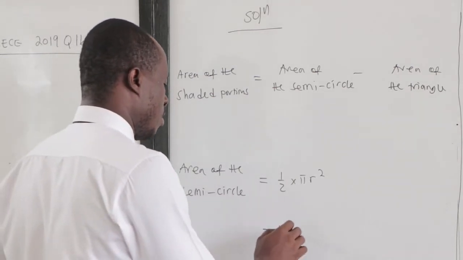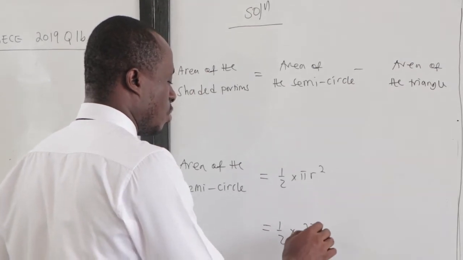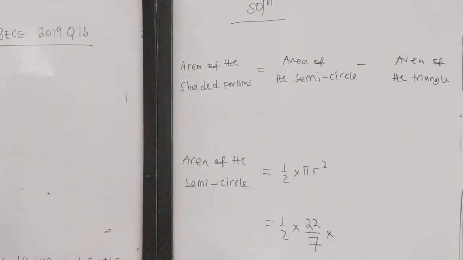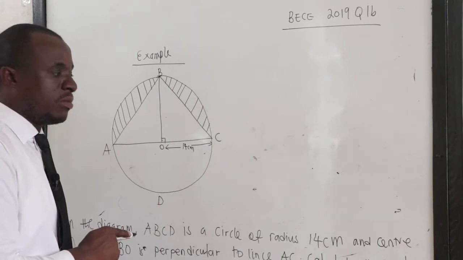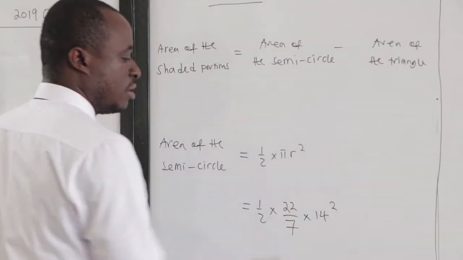Now, what is pi? Pi is 22 over 7. What is the radius of the semicircle? OC is the radius of the semicircle, which is 14. So here we have 14 squared.